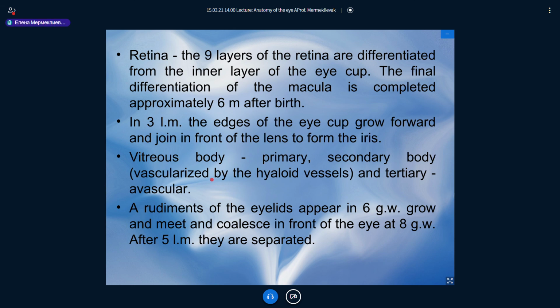Rudiments of the eyelids appear in the 6th gestation week, grow, meet and coalesce in front of the eye at the 8th gestation week, and after the 5th lunar month they are separated.